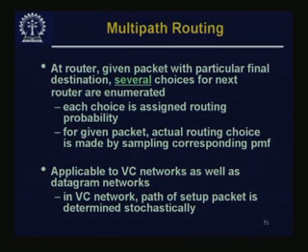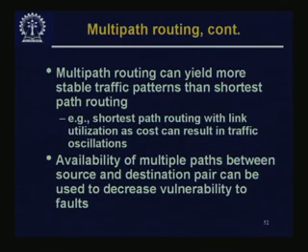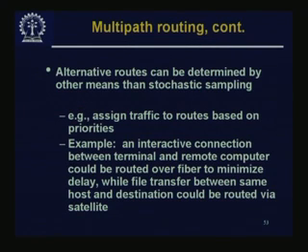Then we may have multipath routing. At a router, for a given packet with a particular final destination, several choices for next routers are enumerated and then one is chosen in some fashion. Multipath routing may yield more stable traffic sometimes. Alternative routes are similar.